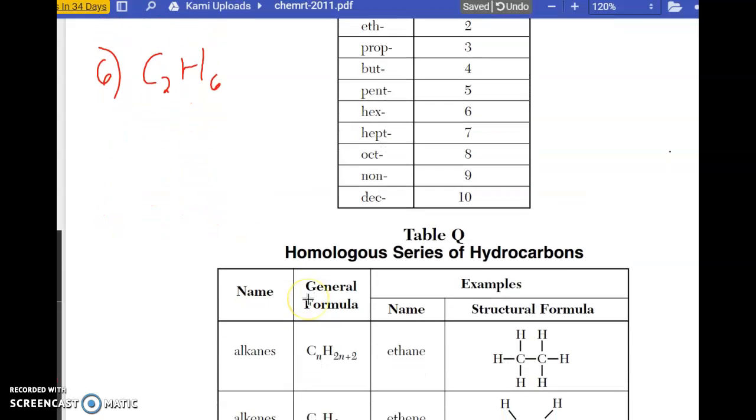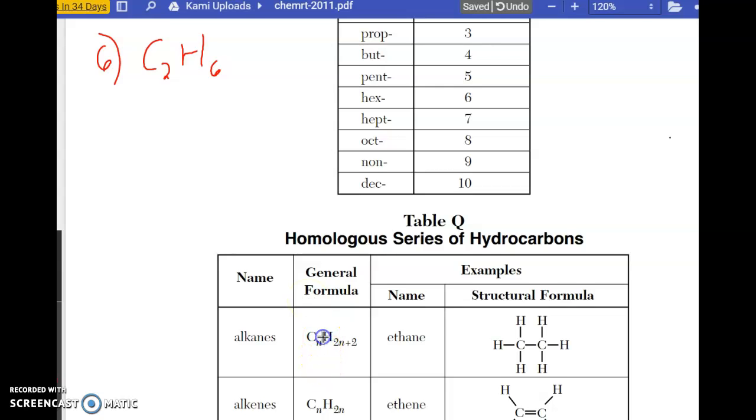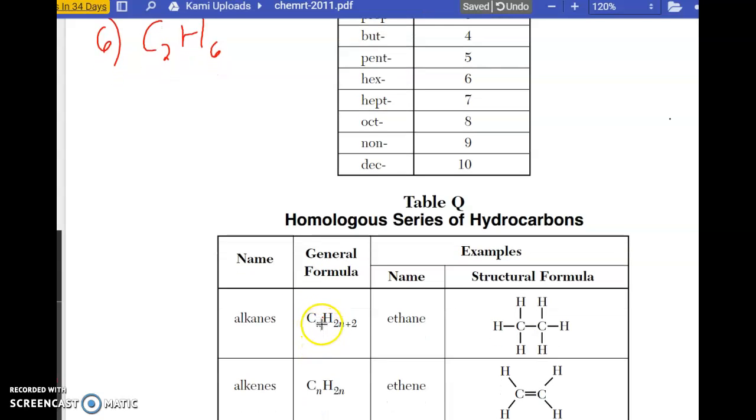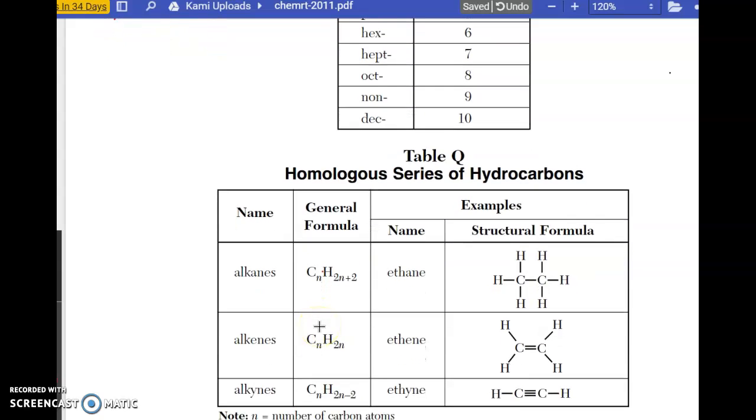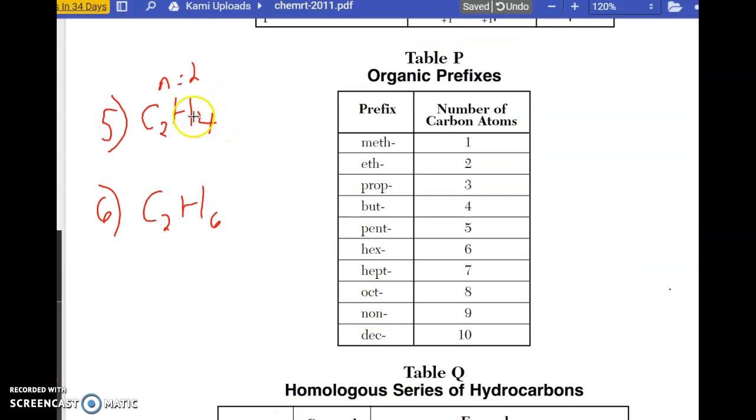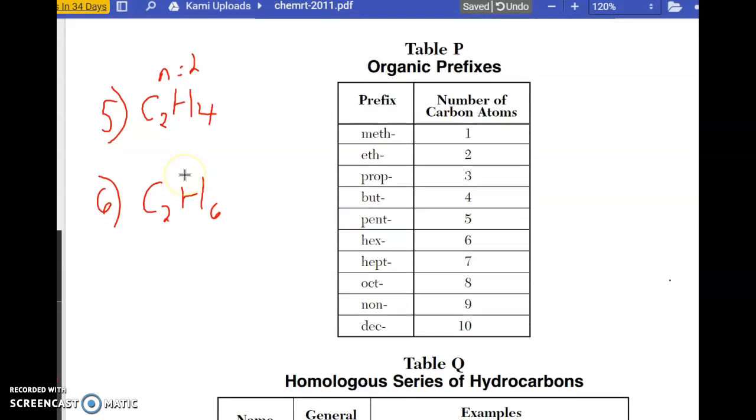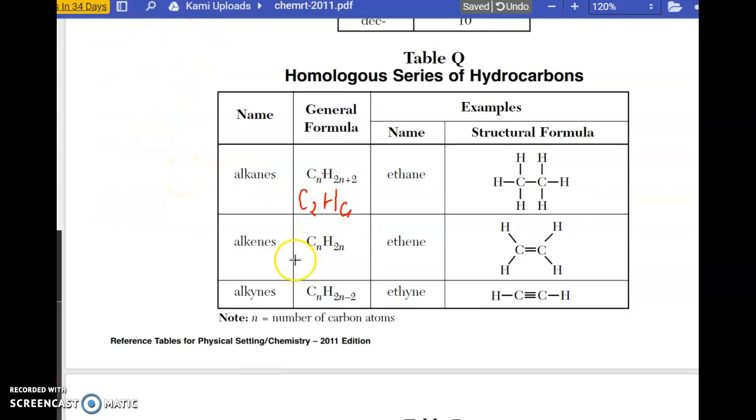If your N is 2, let's see what we would get if it's an alkane. So if our N is 2, it would be C2H, let's see, 2 times 2 is 4, plus 2 is 6. So if it was an alkane, it would be formula C2H6. It is not C2H6. So let's try it for the alkene.